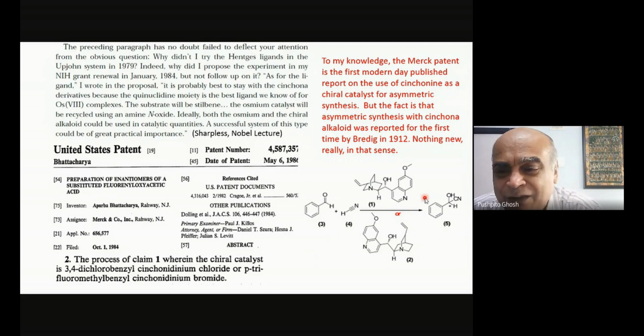This is the cinchona alkaloid, and I've shown you this before, how they did the hydrocyanation of simple aldehydes and made chiral compounds. So in that sense, neither Merck nor Sharpless can claim credit for using cinchona alkaloid, but they can claim credit for applying it in different reactions.